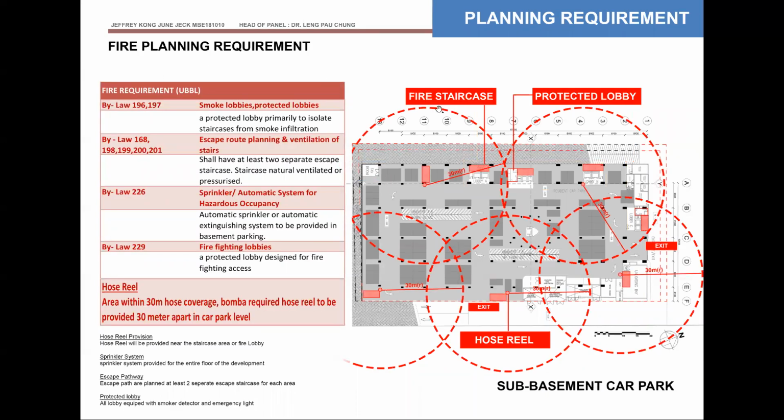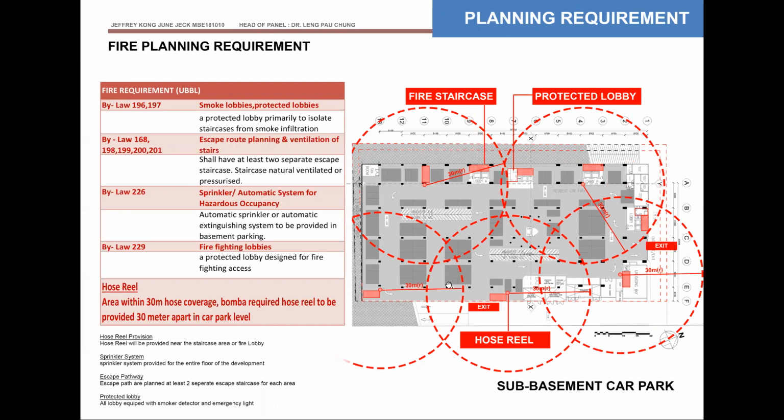This is the fire planning requirements. All the hydrants are placed near the staircases. I have all the fire staircases planned, and also the running distance. Then I have two protected lobbies, one here and one here, and two accesses for running.